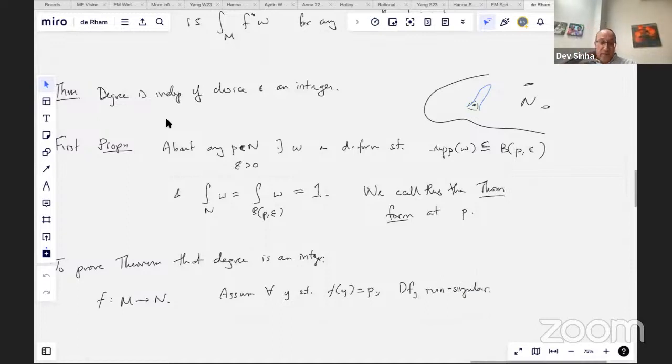So if you use local coordinates, df is a matrix, it'll be invertible. Its determinant will be not zero.